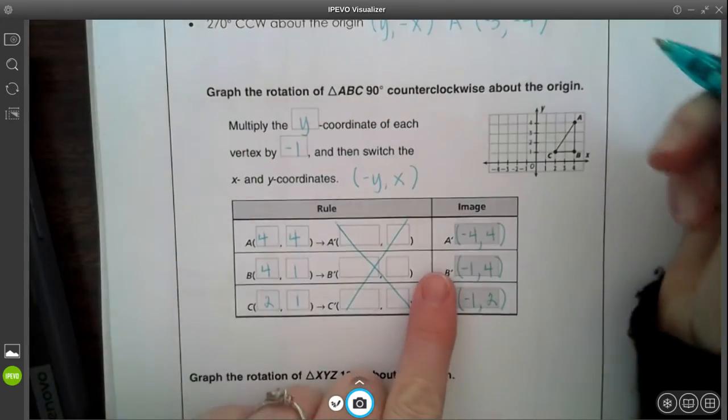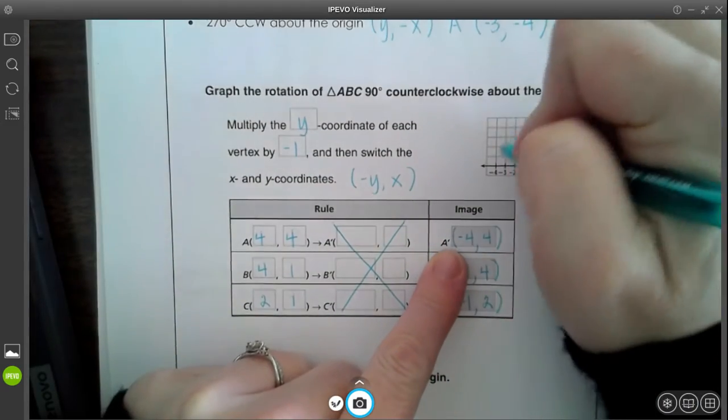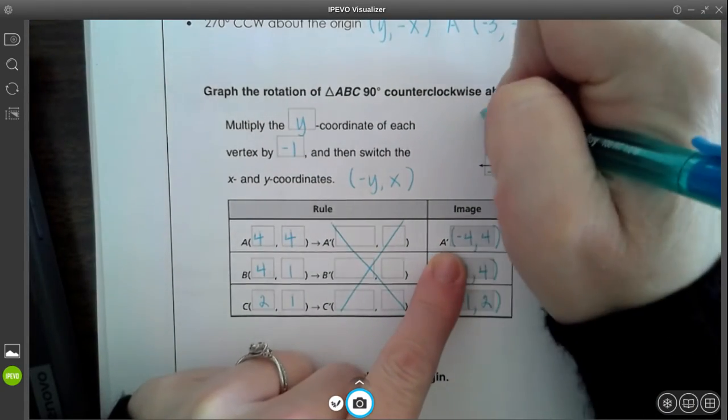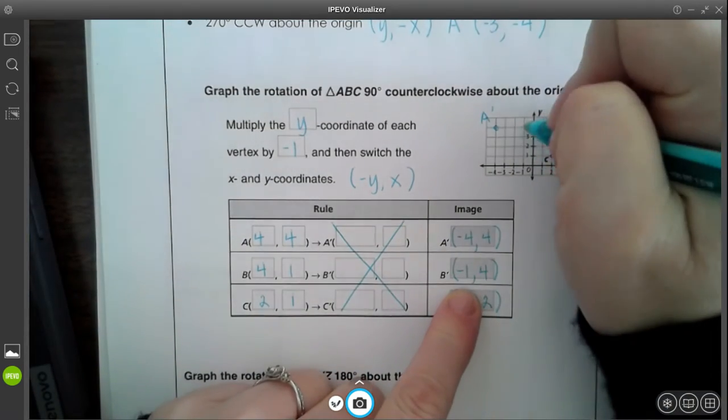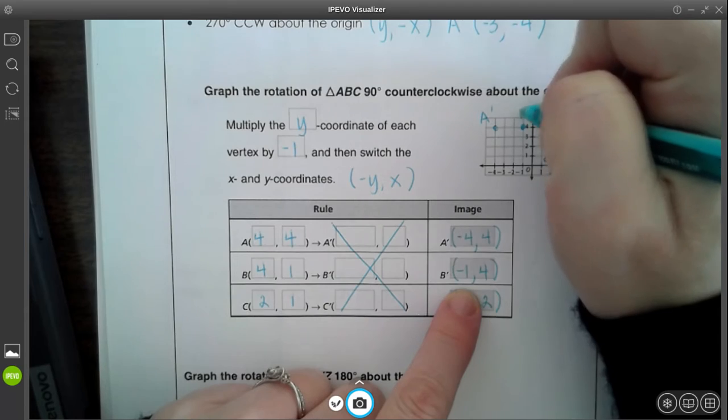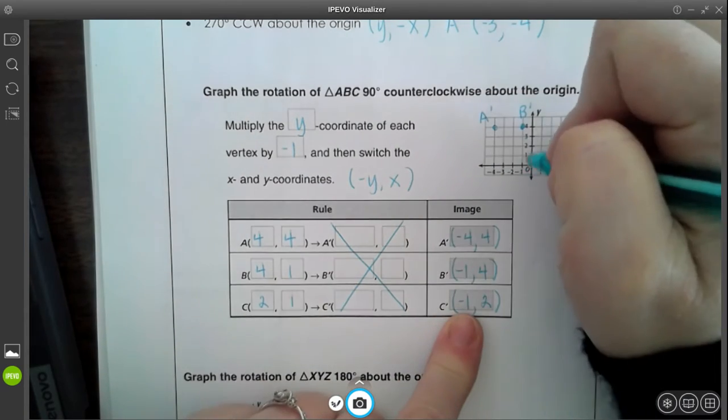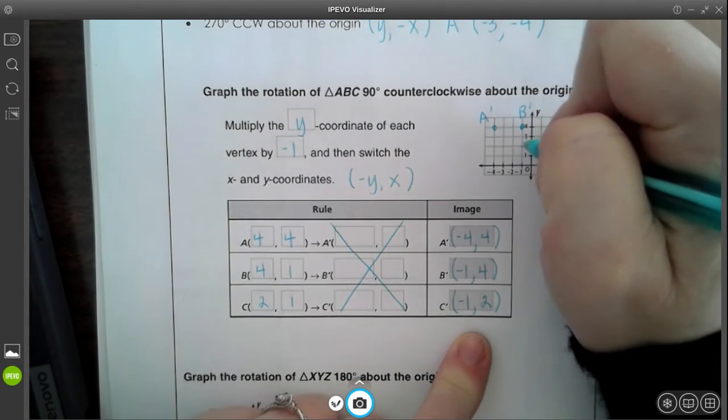Okay, so let's go ahead and graph that. -4, +4, that's our A prime. Make sure you are labeling all of your points correctly as you plot them. This is B prime, and then C prime is -1, 2.